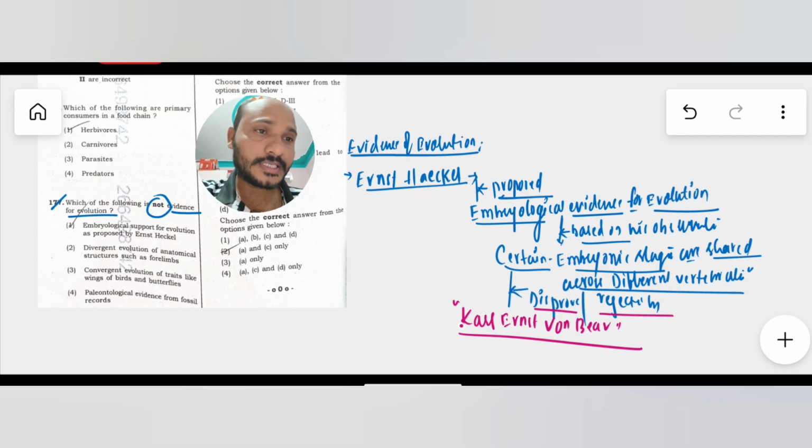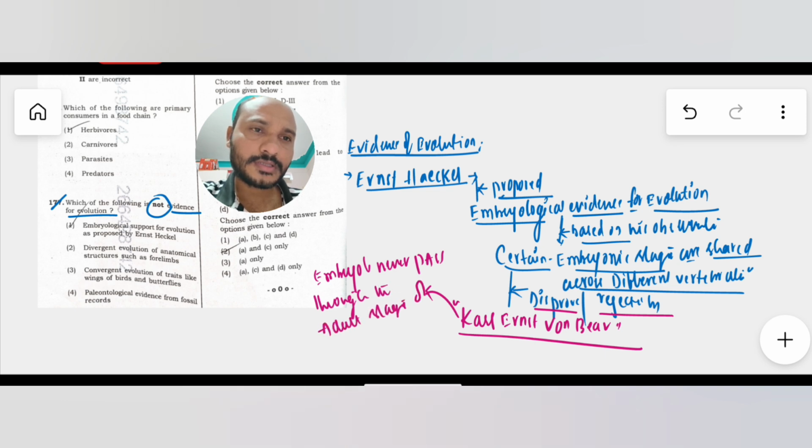And why he disproved it: he said that embryos never pass through the adult stages of other animals.